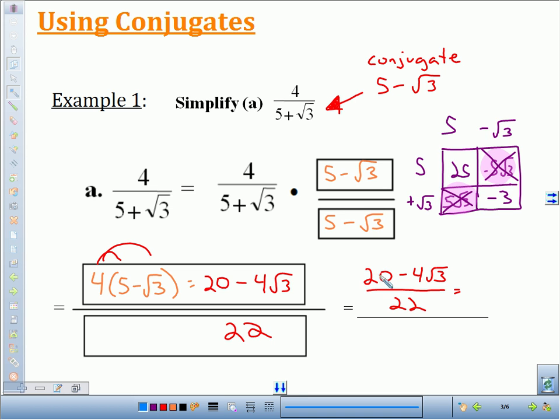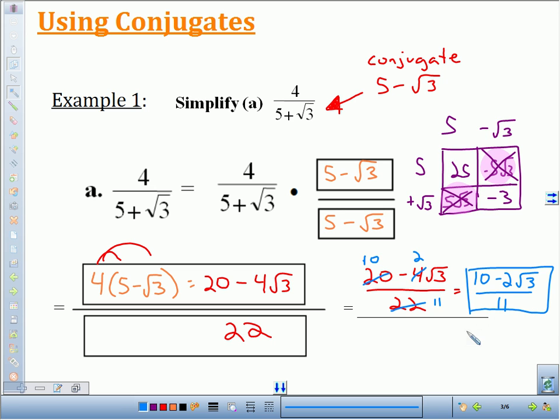And when we do that, we can divide out a 2 from all of these. We can divide 20 by 2 and get 10. We can divide 4 by 2 and get 2. We can divide 22 by 2 and get 11. So the fully simplified version of this is 10 minus 2 times the square root of 3 over 11.